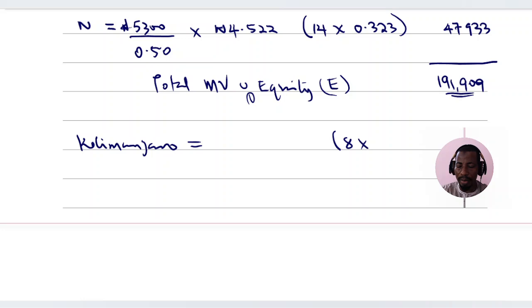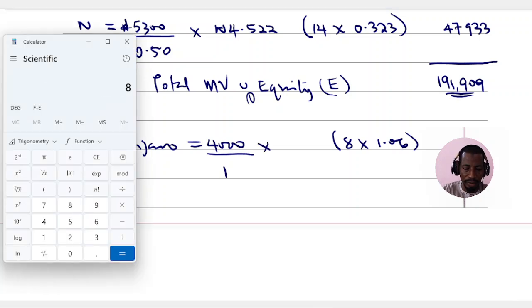8 multiplied by 106 divided by 100 will give us 1.06. So the share capital is 4,000 naira divided by 1 naira. So multiply by 8 multiplied by 1.06 equals, that's not correct.